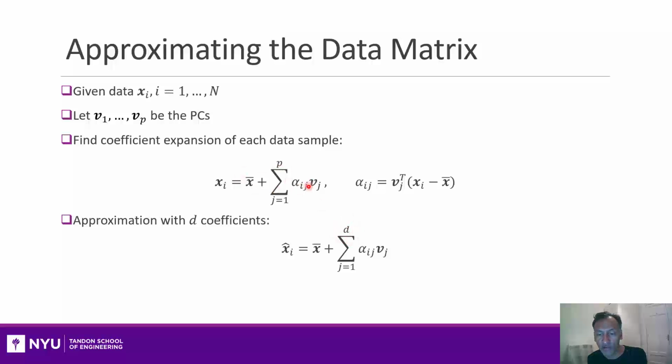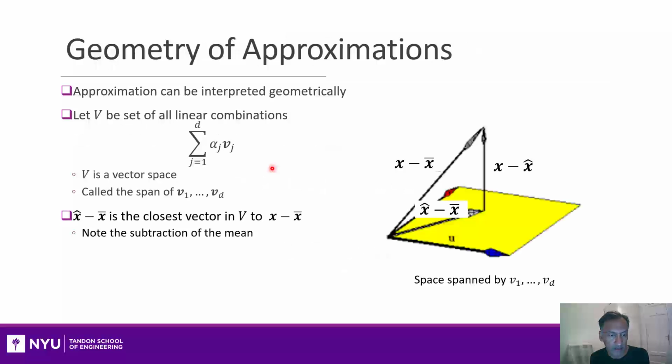And the key concept here is that if I use just d terms, I can represent each vector i at least approximately by just d coefficients. So if d is much smaller than p, I've effectively reduced the dimension of the data.